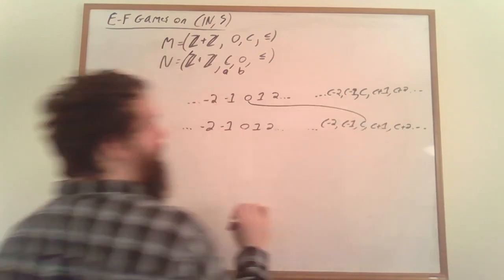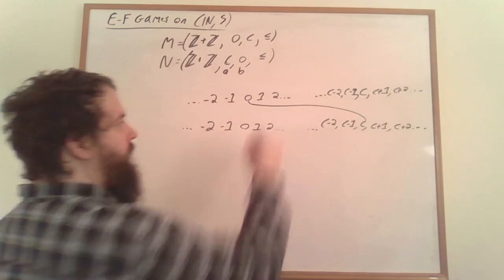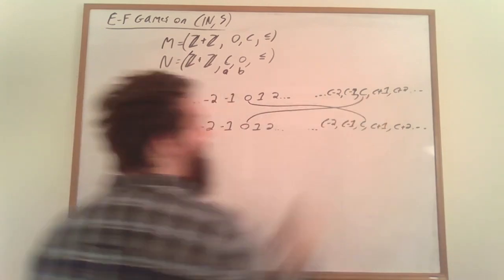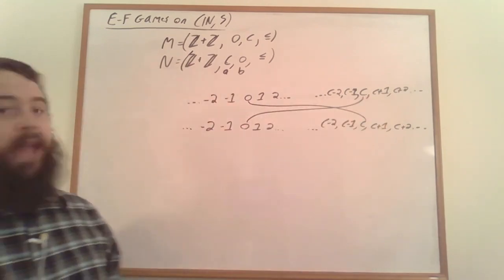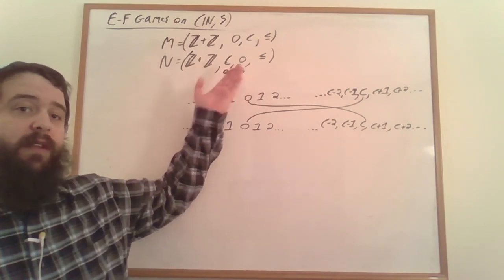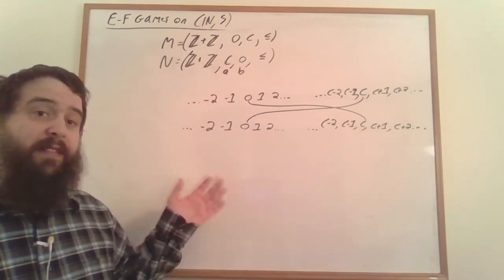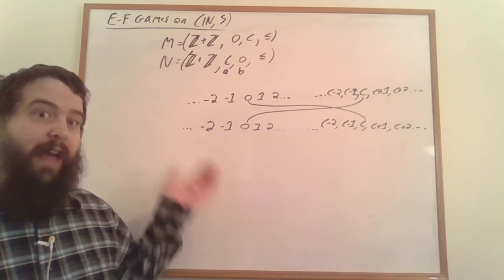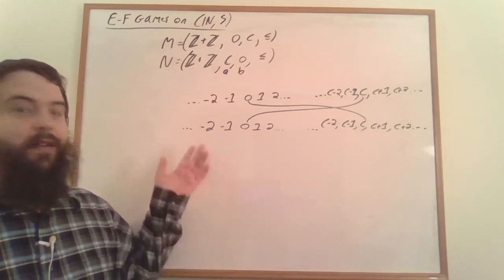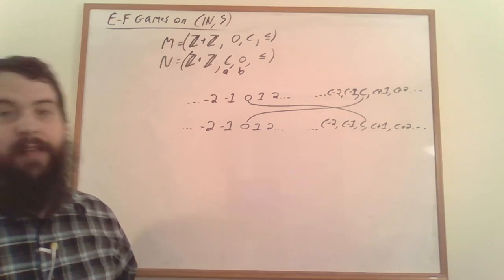So matching up the values of A and matching up the values of B. Again, if we're thinking about this in terms of the linear orderings, the game is already over. We can express the difference between these structures as an atomic formula, the question of whether or not A is less than or equal to B.